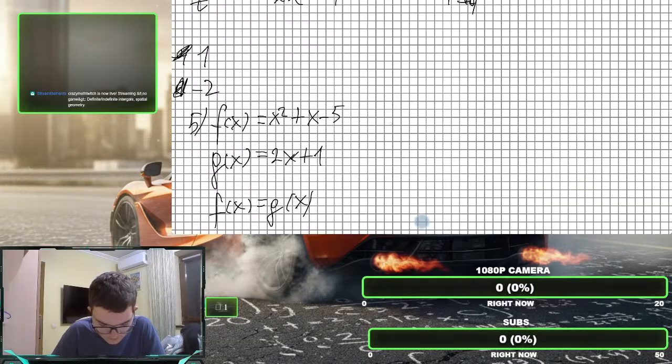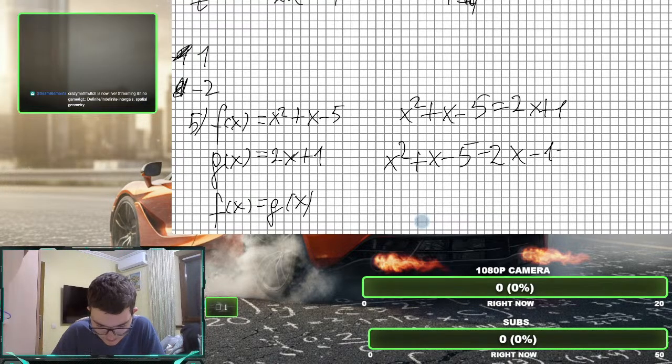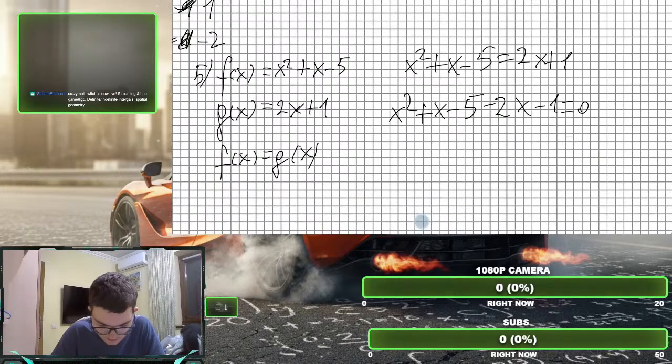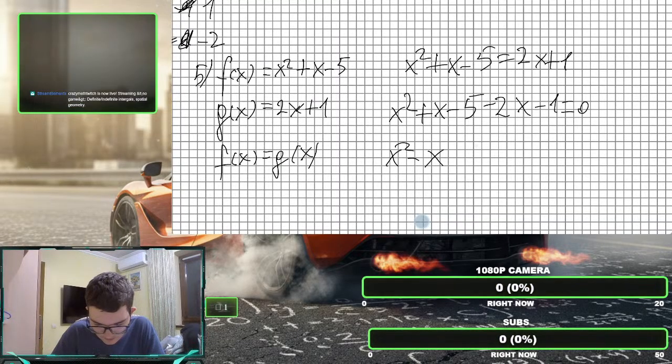Now doing this, x to the second power plus x minus 5 is equal with 2x plus 1. So I'll just take it from the right to the left. Minus 2x minus 1 is equal to 0. So we have x of the second power, plus x minus 2x, which is minus x, and minus 6 is equal to 0.